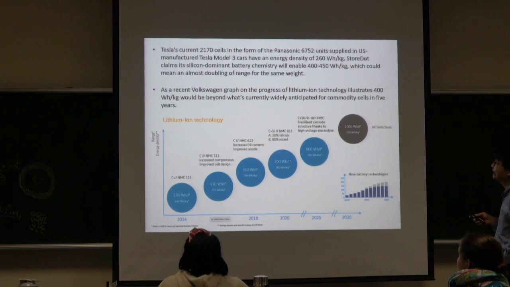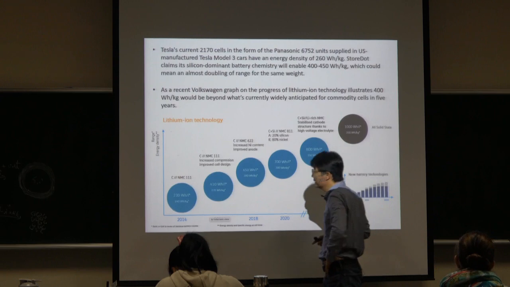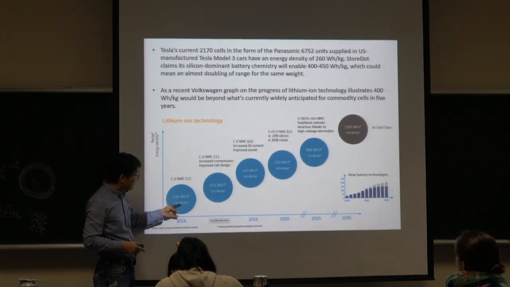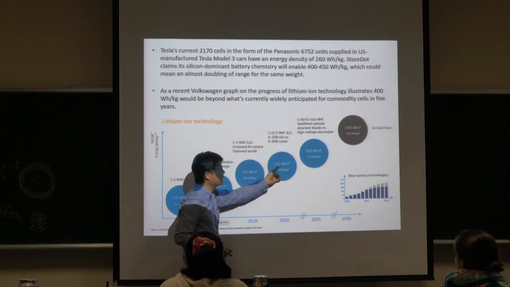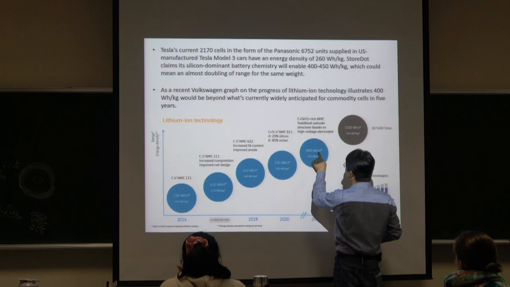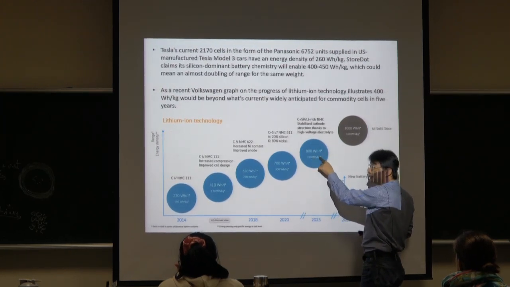This is the cell, and there's also a Panasonic cell, 6752. This is just for your reference. Usually, this is the energy density. We want to make the energy density as high as possible. You can see the energy density can be calculated by the volume or by the weight, right?